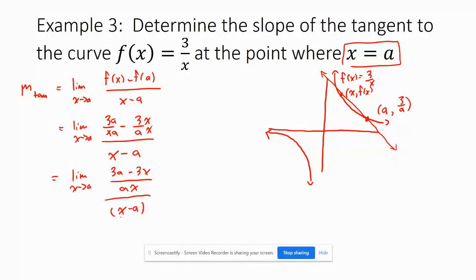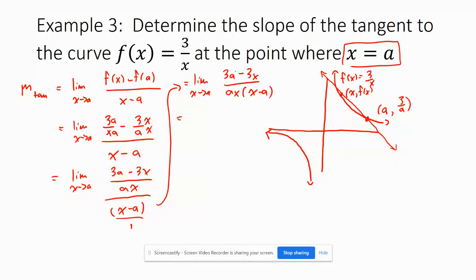Now I'm going to make this x minus a over 1, because I want this to be like a fraction divided by a fraction. Hopefully that's okay, guys. All I'm doing is multiplying by the reciprocal. 3a minus 3x over ax divided by x minus a over 1, so I'm going to change that to times 1 over x minus a, and that means the x minus a is coming to the bottom.